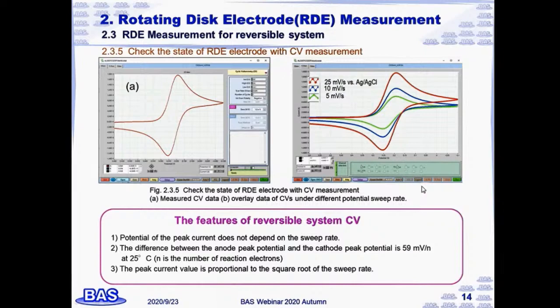If the CV data meet the features of reversible system CVs, the RD electrode is usable. Otherwise, the electrode should be polished or electrochemically cleaned and checked again.